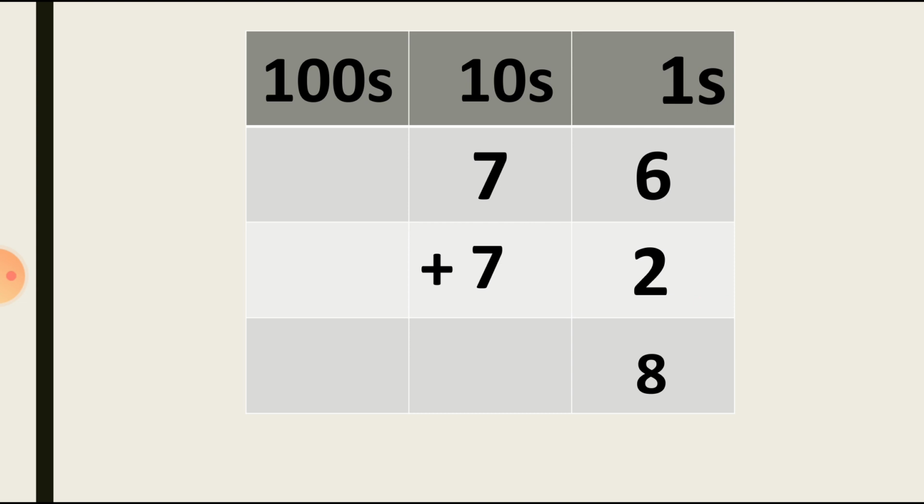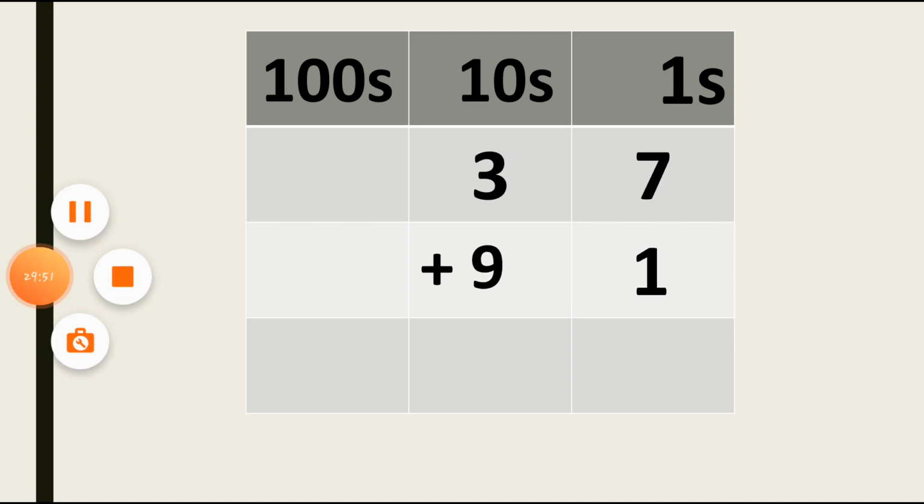How many is it? 7 plus 7 is equal to 14. So we can write down number 4 under the tens column, and the other one will move to the hundreds column, and we can write down this number this way, 148. Hope you understood these sums and this topic also, students.